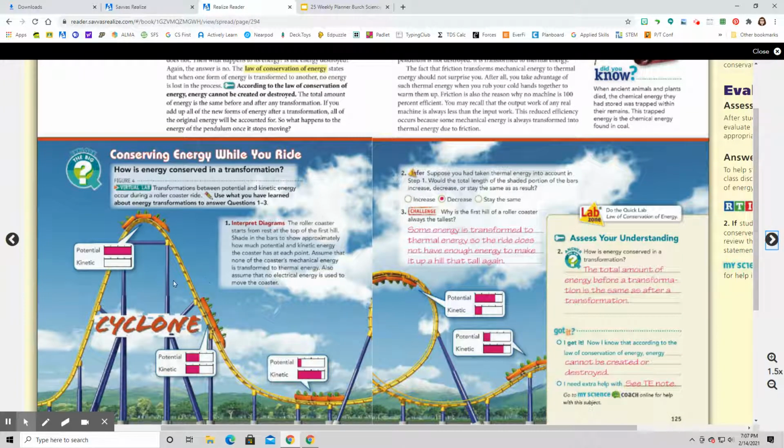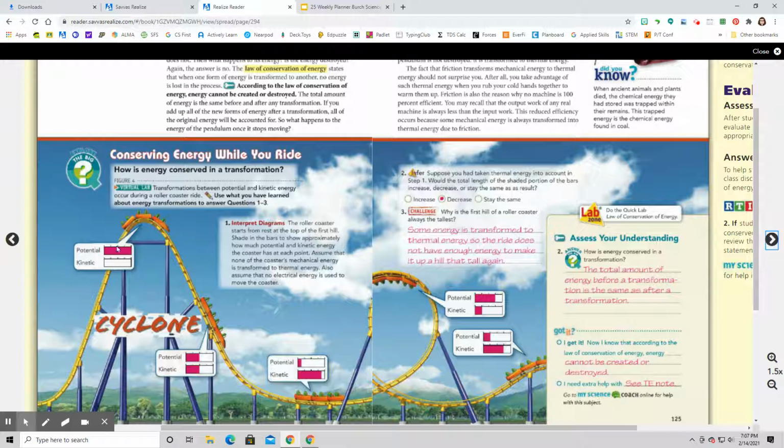So, here we have a roller coaster, and in your book, you're supposed to make these into little bar graphs. So, imagine the PhET site. If this were in motion, what would the bars on the bar graph be doing? How much potential and kinetic would there be at each of these different locations as the roller coaster goes through the ride?